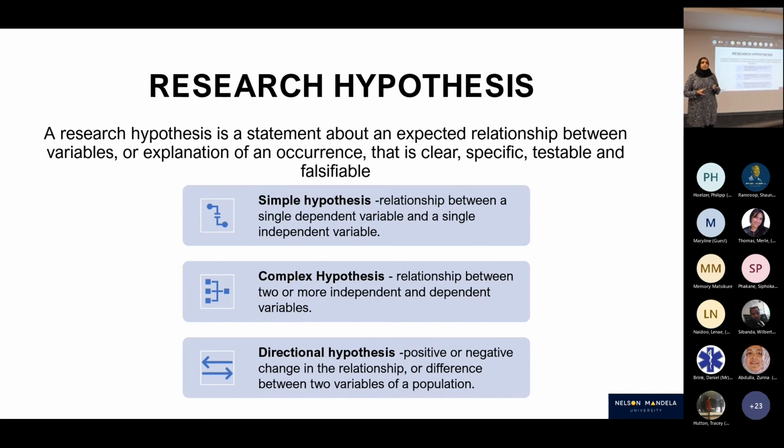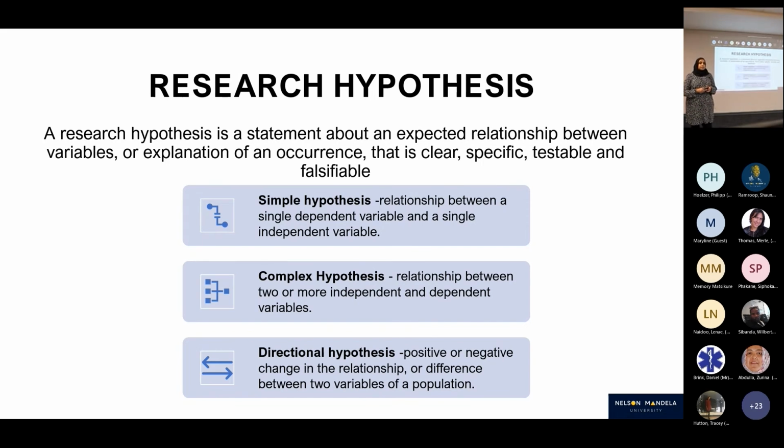So the various departments within the faculty sometimes require you to have a research hypothesis and a research question, whereas other departments within the faculty only require you to have either a research question or a research hypothesis. So it's always best to check with your study supervisor or study promoter on which one your department would go with.